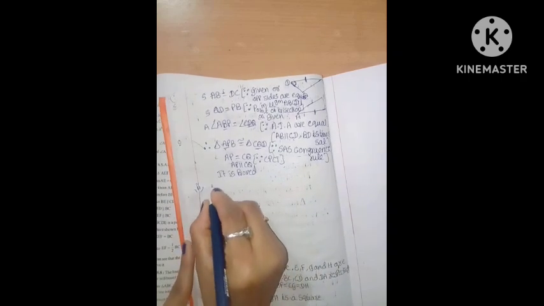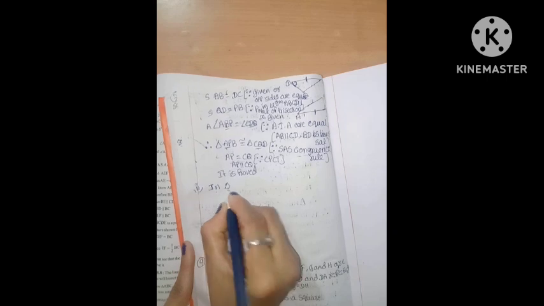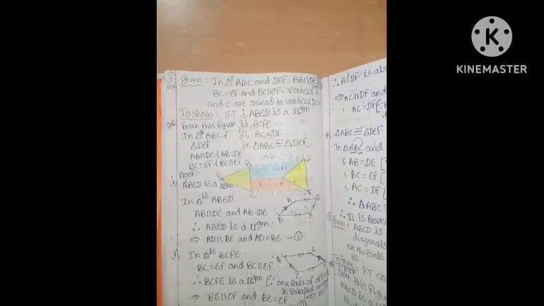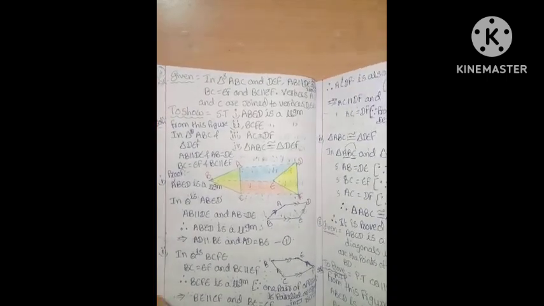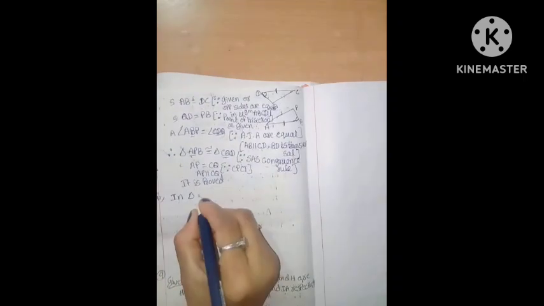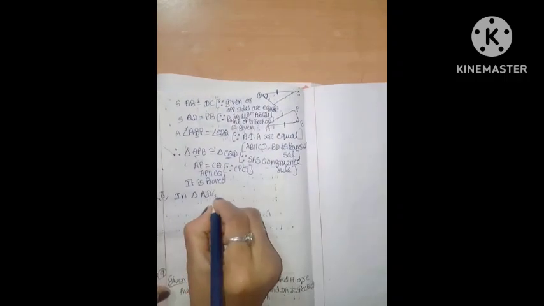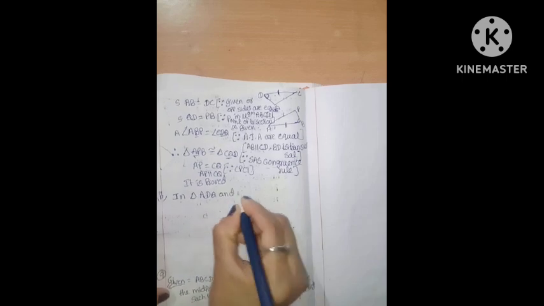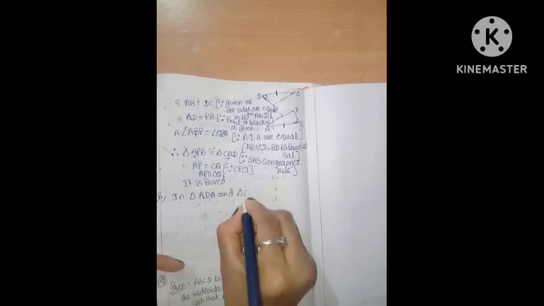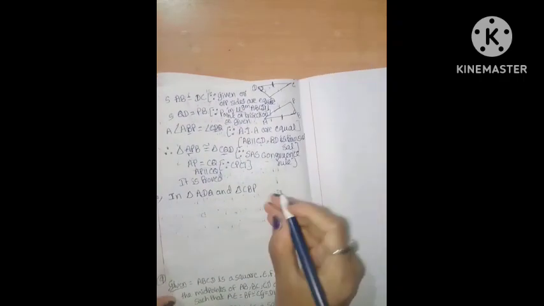In the second one, what are the triangles? Triangle ADQ and the other one is triangle CBP. Let us take these two triangles separately.